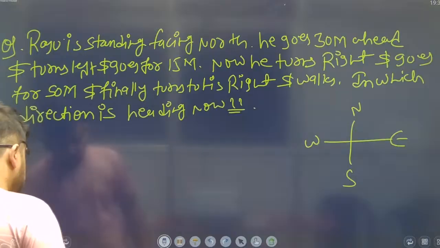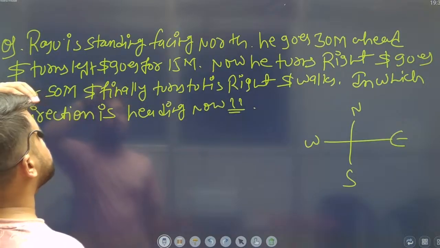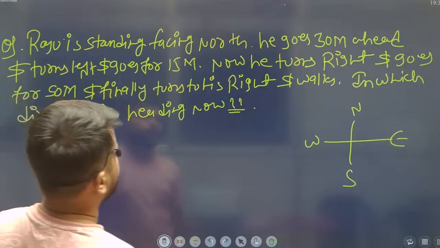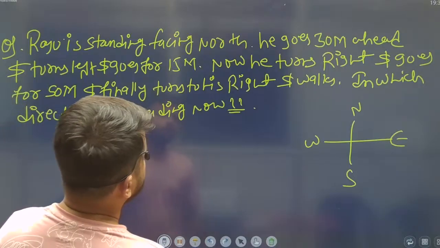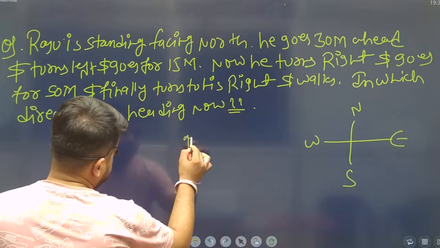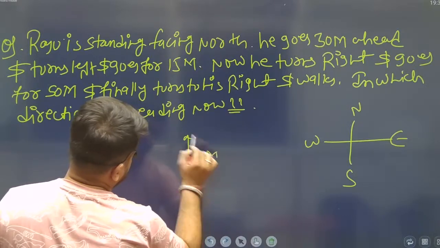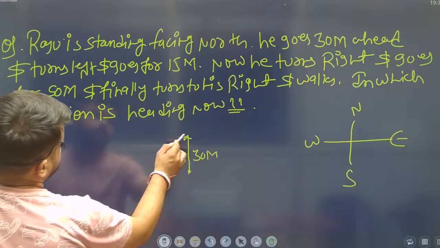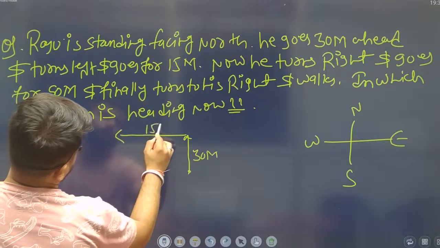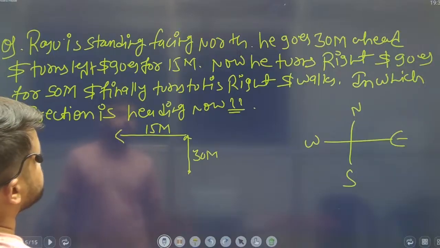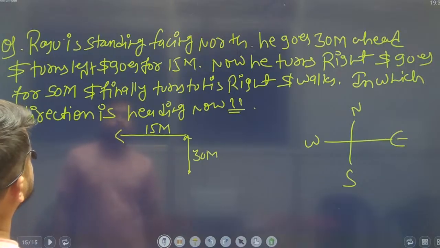Look to the camera, to the board. Raju is standing facing north. He goes 30 meters ahead. Let's suppose he's here, moving to the upside and moving 30 meter. He turns left and goes for 15 meter. Getting my point? Now he turns right and goes for 50 meter.